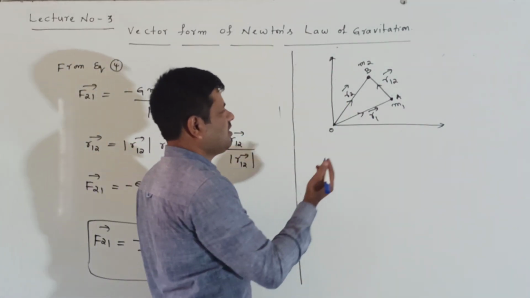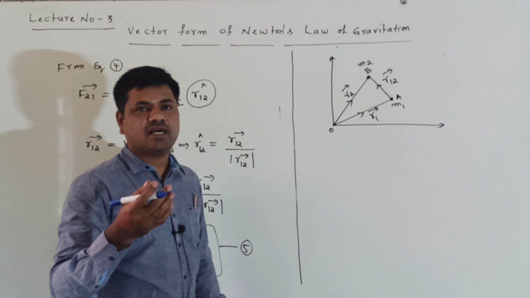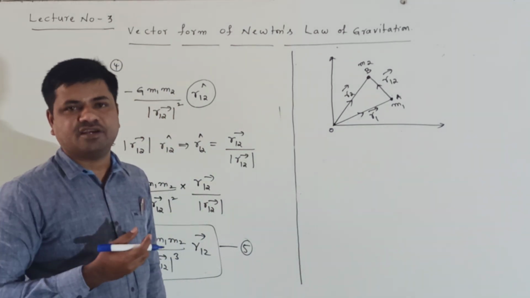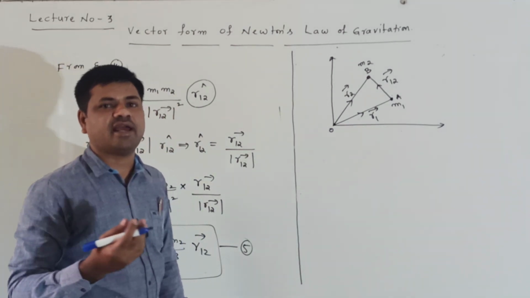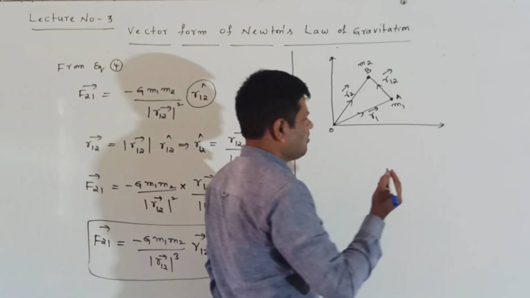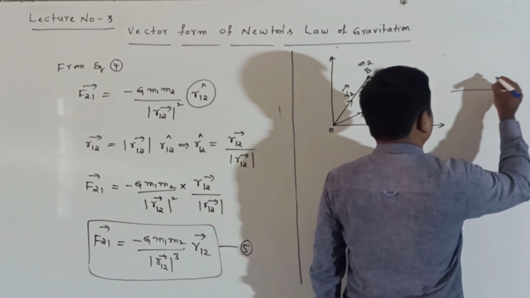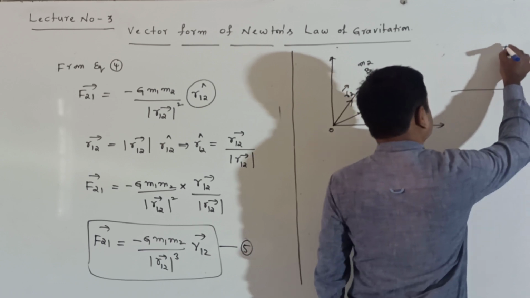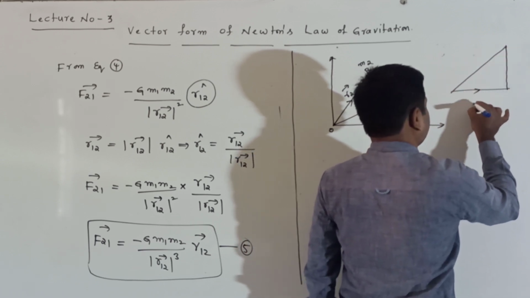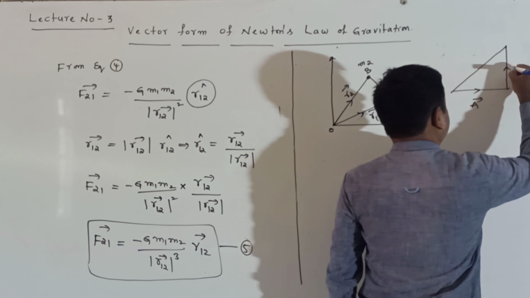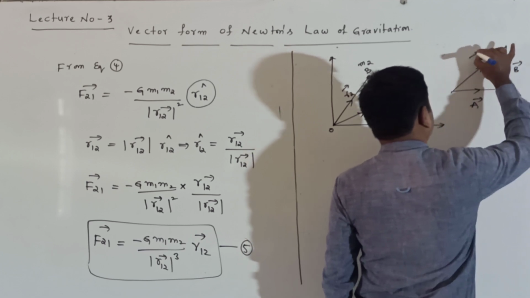Now I am applying the triangle law of vector addition. Consider a triangle whose vectors are A bar, B bar and C bar.